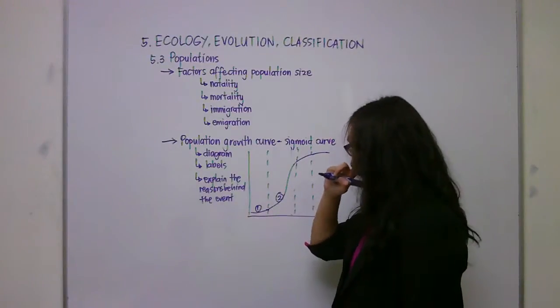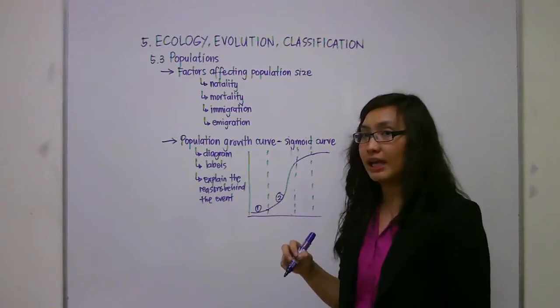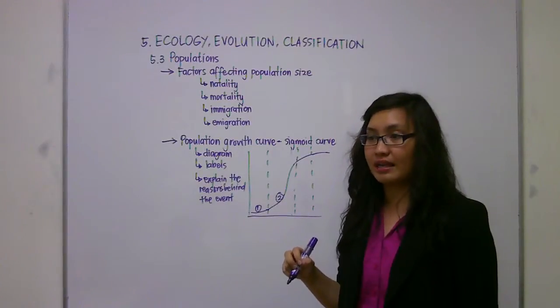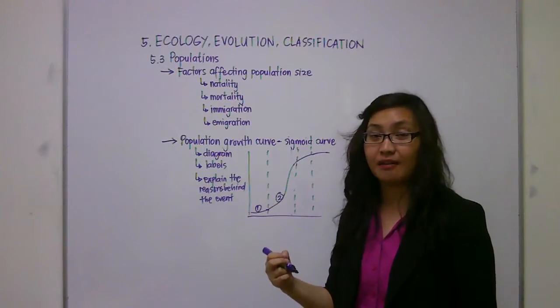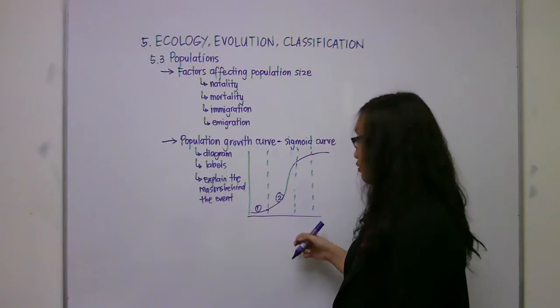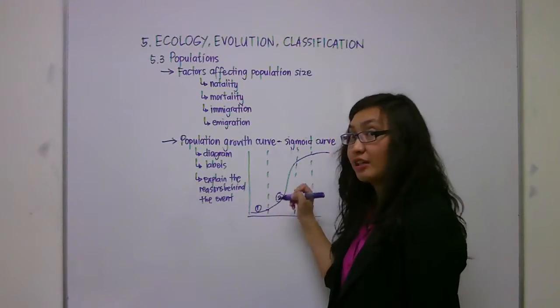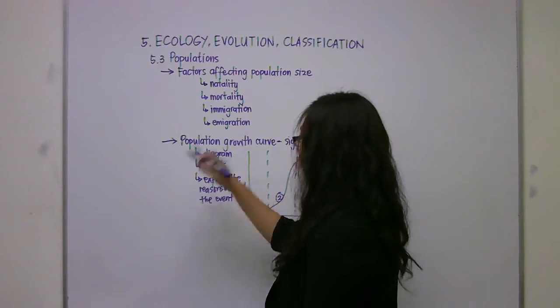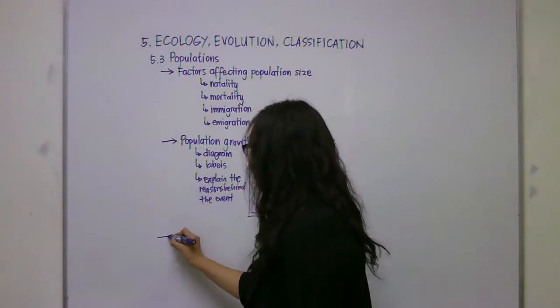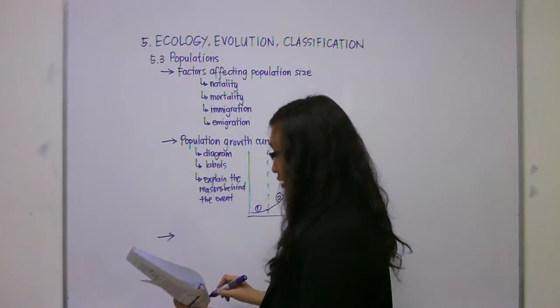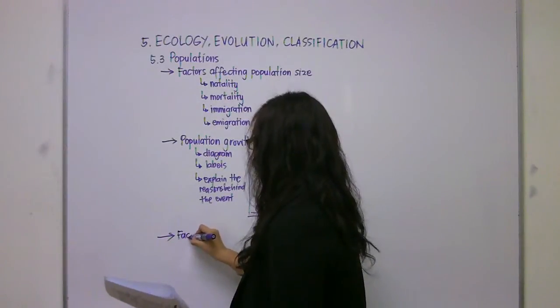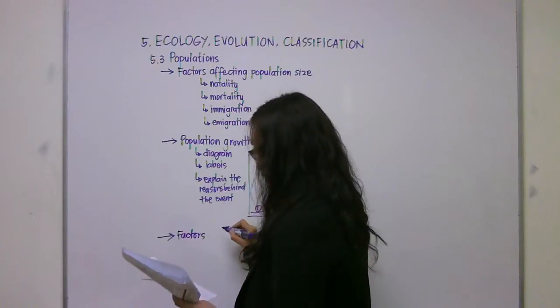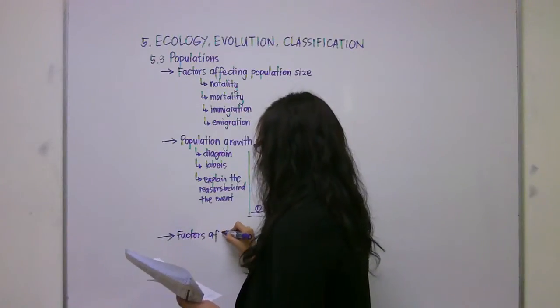We can also indicate that resources are made available to the organisms or to the population. That's why there is an increase in the population. Once we have discussed the population growth curve, we should now discuss the factors affecting population increase.